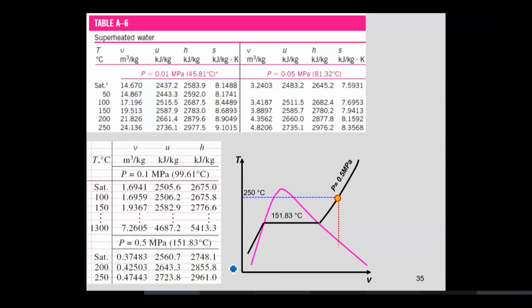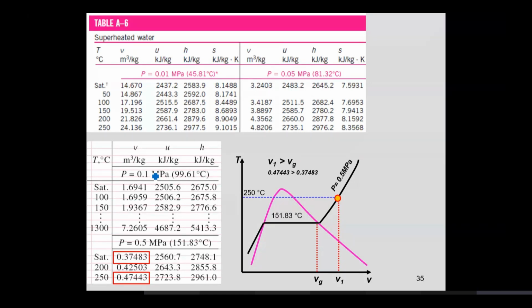Very good. This is represented by V1, I have given it a variable. And if you see the specific volume for saturated vapor, which is this point Vg, corresponding to the saturation temperature, yes sir, my specific volume would be greater than the saturated vapor specific volume. I hope it is clear.